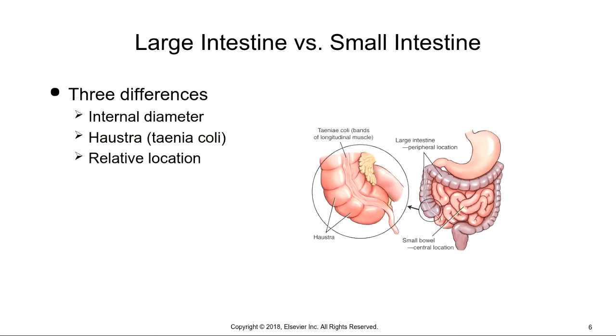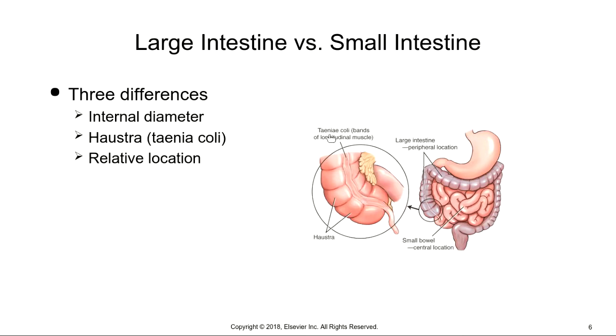When you look at the differences between the large and small intestine, the main three things are the internal diameter is different. There's haustra, which are the pouches that the large intestine is pulled into by these Taenia coli. You can see that right here.